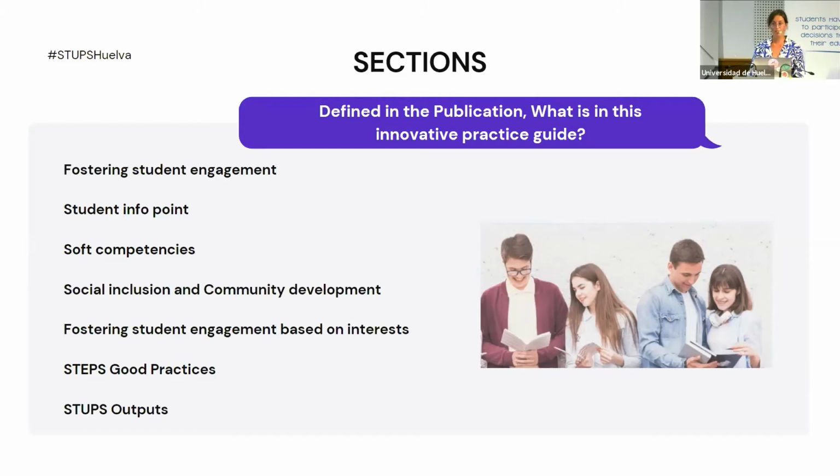And then we have a concrete point on 2 different projects. The STEPS project, which has also been developing some good practices on fostering student participation, but we have also included the outputs of this project that we've been sharing with you before: the Student Rights Charter and the index as well.